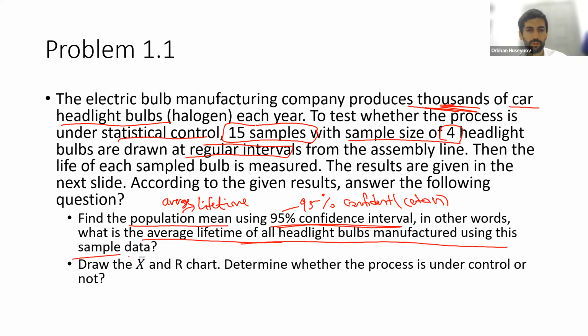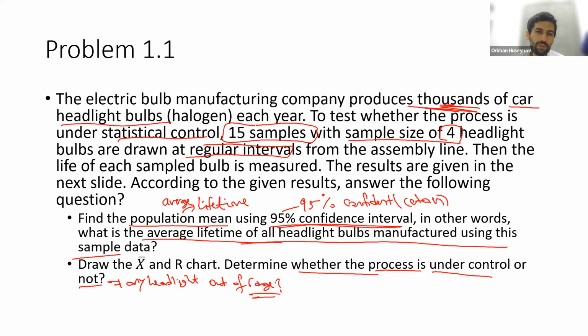The second part is that we have to determine whether the process of manufacturing headlights is under control or not. What it means is, is there any headlight out of range?